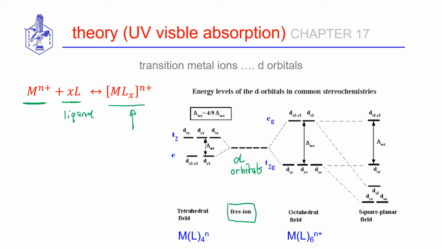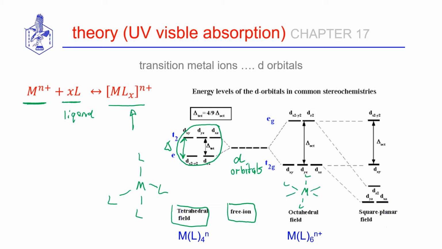So if we form a tetrahedral complex, that is the metal ion, and put 4 ligands around it in a tetrahedral fashion, those d orbital energies split according to this, where now we have a separation of energies of that magnitude. If we put 6 species around our metal ion, we have 2 in the axial position, 4 in the equatorial.